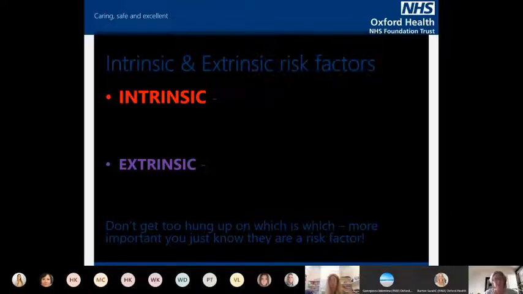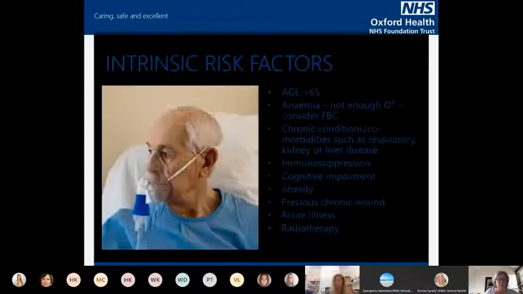Extrinsic are things that are outside the body, so more things like lifestyle choices, things that the person chooses to do, like smoking or eating or exercise and the like. So it's purely an aide-memoire when you're thinking, I have to do a holistic assessment. I need to do the diseases side inside the body, and I need to do the lifestyle sort of things. So don't worry about trying to work out which is which.